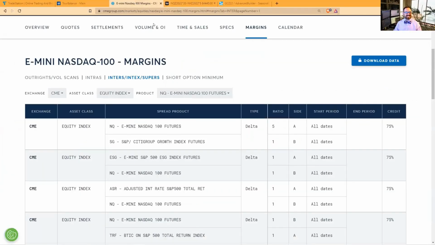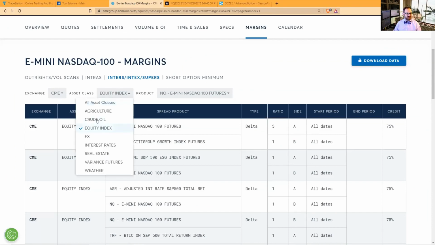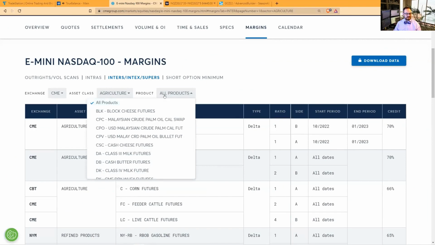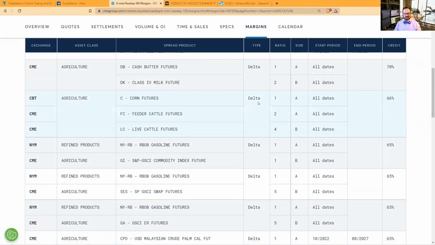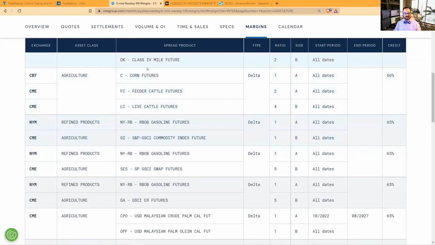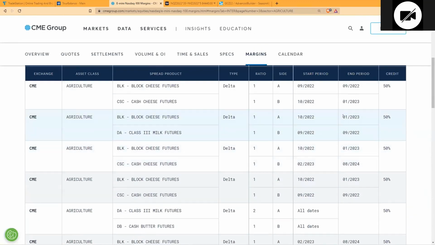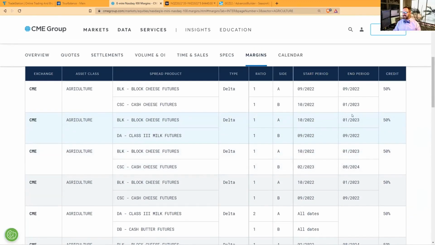Yeah, if you go to the CME website, under margins, let's see here. If I go to, which one is it? Agriculture. Or actually, yeah, it might be this one. But you can see some of these ones are multi-legs. Like right here, there's a 3-legged corn, feeder cattle, live cattle. So you've got the meats and the food, basically. And crack and crush spreads, yeah. 50-legged.